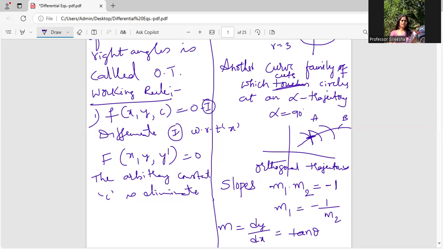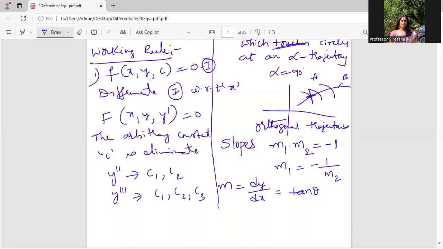How many arbitrary constants will they have? As many as the order of the differential equation. If it's a second order differential equation, then its solution will have two arbitrary constants. If it's a third order, the solution will have three arbitrary constants and so on. So directly or indirectly, the order of the differential equation and the arbitrary constants are related to each other.